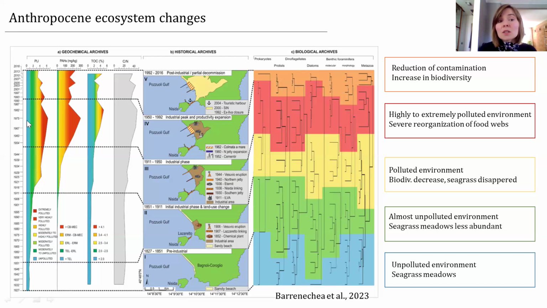Here, the authors applied genetic data in the Gulf near Naples in Italy, in a very industrial area.